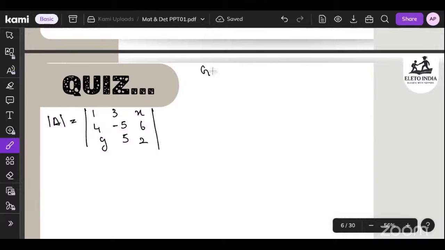And then they have given that C13 is 35, and then C31 is 8. We need to find the values of x and y.